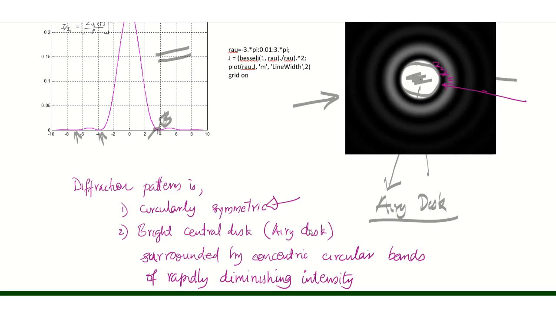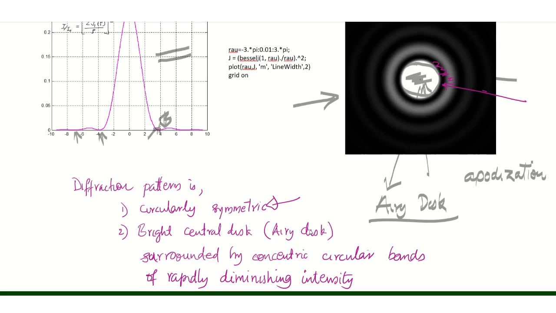We'll see later on, due to a process called apodization, we can actually modify the aperture so that some of this intensity that is distributed now in the secondary maxima can be transferred back into the center.